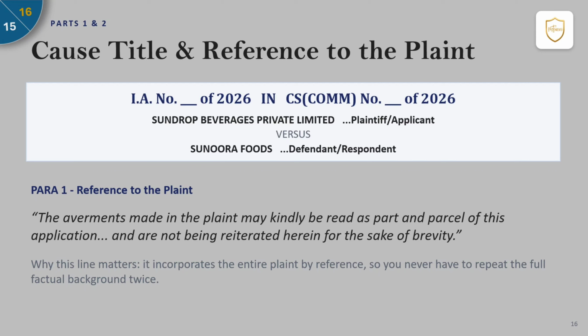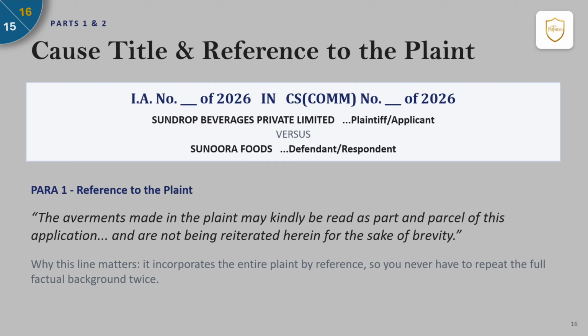Part 1, the cause title. Here we have to write the IA number of the year, in commercial suit number this of the year. Now here you have to give the title of the plaintiff or applicant and the respondent and defendant.